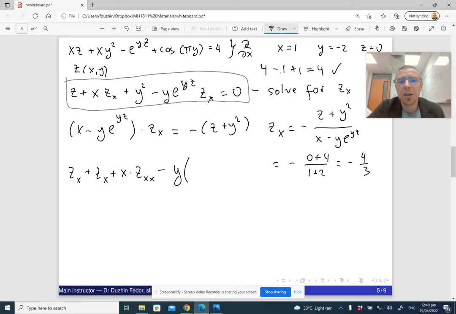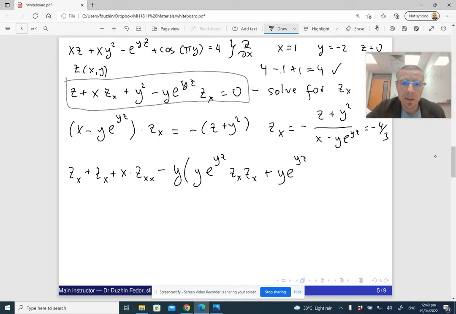First I'm going to differentiate e to the yz with respect to x. So this is going to be y times e to the yz times z_x, and there is one more z_x here. Okay, so let me erase this. It's negative 4/3, so let me just write it here, negative 4/3. Okay, and plus y e to the yz times z_x differentiated with respect to x. So I'll apply the product rule here. And the partial derivative of 0 with respect to x is still 0.